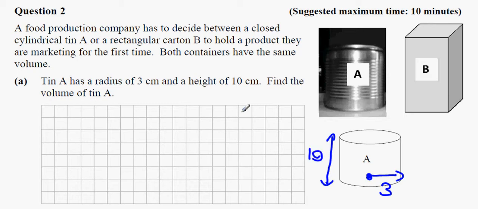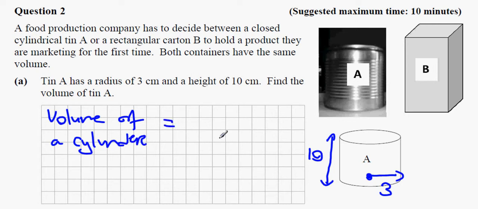So you go to your tables and look up the volume of a cylinder formula. The volume of a cylinder is equal to pi r squared h. Put pi into your calculator, r squared, which is 3 squared, and the height is 10.